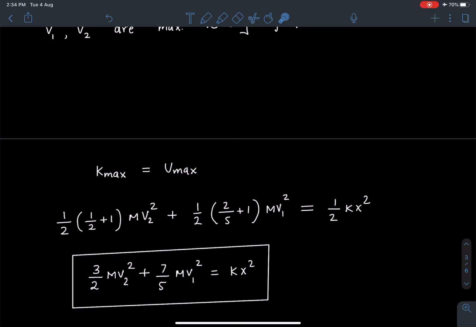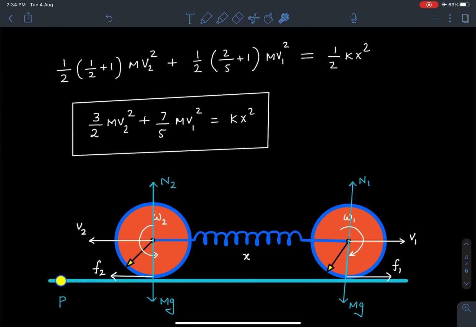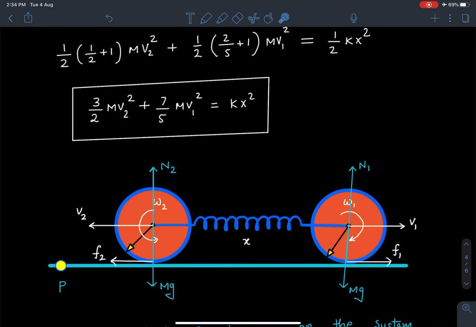Now somehow I have to find relation between v1, v2 and corresponding relation of x1, x2. Since momentum conservation is not applicable, and in regular problems where momentum conservation is applicable we get the relation of v1, v2, in this problem we have to think out of the box. If you see the system carefully, about point P, all the forces are going to provide zero torque. Friction is passing through this line itself.